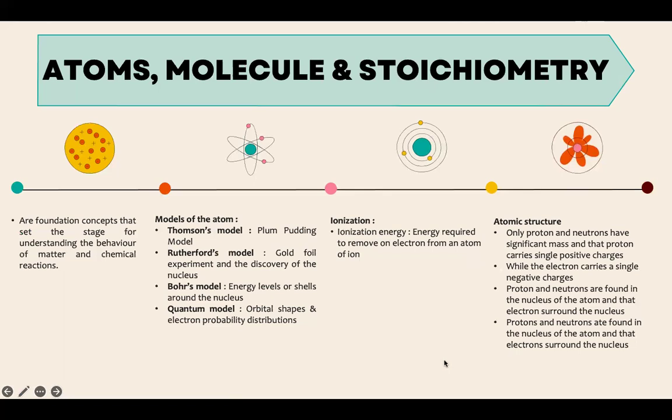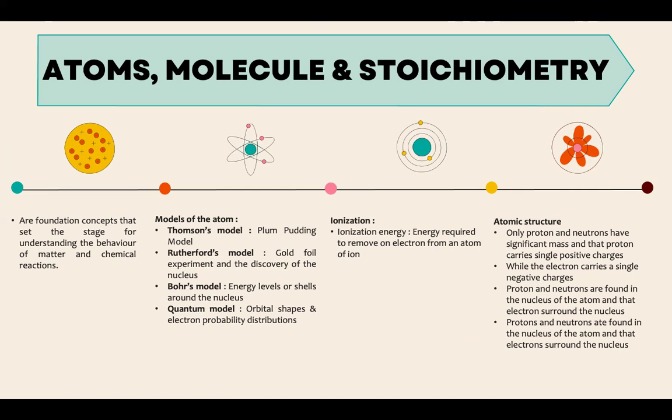Atoms, molecules, and stoichiometry are foundational concepts that set the stage for understanding the behavior of matter and chemical reactions. Models of the atom. Thomson's model is the plum-pudding model. Rutherford's model is the gold foil experiment and the discovery of the nucleus.